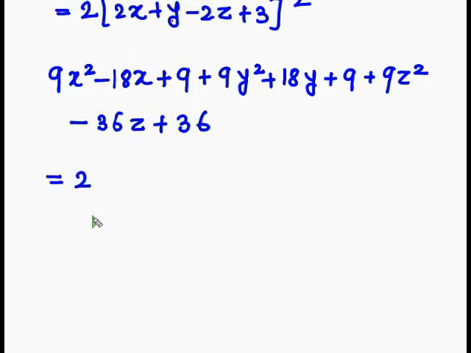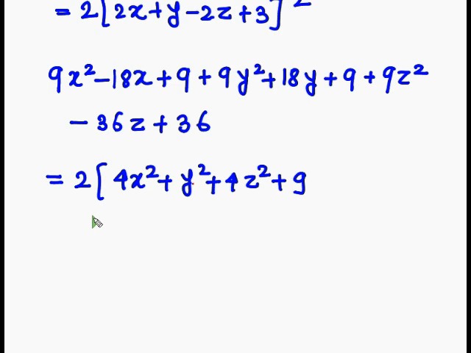Now (a plus b plus c plus d) square is a square, that is 4x square. Second term square is y square. Third term square is 4z square. And the fourth term square is 9. So what we get? a square plus b square plus c square plus d square plus 2 times a into b. So what we get? 2xy plus 2 times a into c. So what we get?